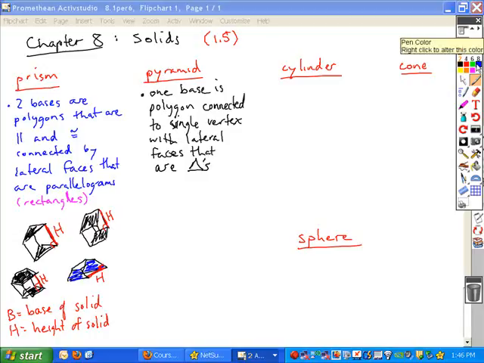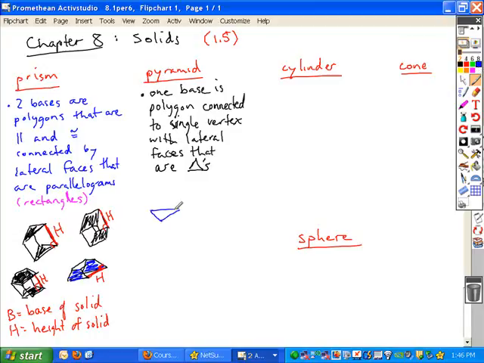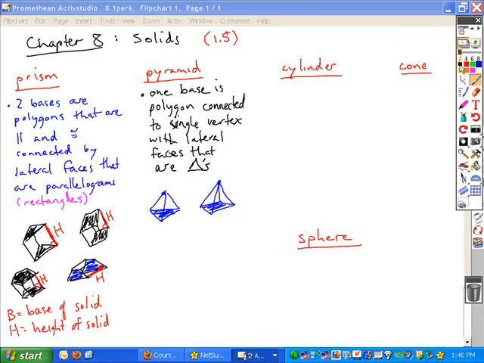Okay. So when you're looking at a pyramid, if we take a triangular base and connect it to a single vertex with all triangular lateral faces, you have a pyramid. We can take a rectangular base, connect it to one common vertex with triangular faces. That would be an example of a rectangular pyramid. Again, these are named by the shape of their base. This common point is called the vertex.